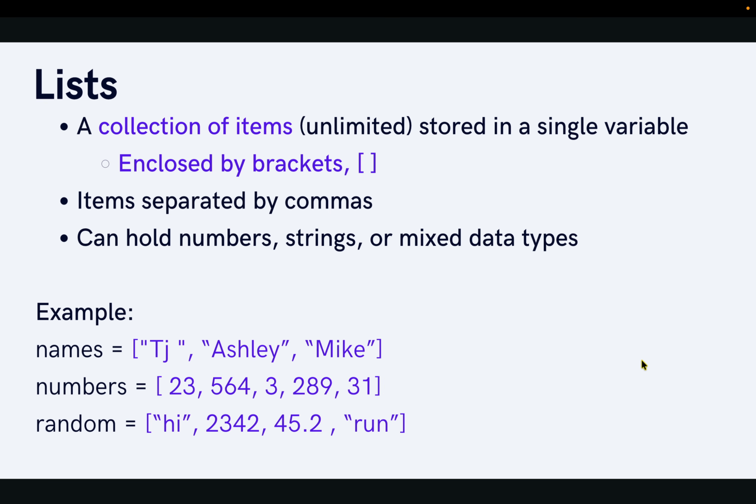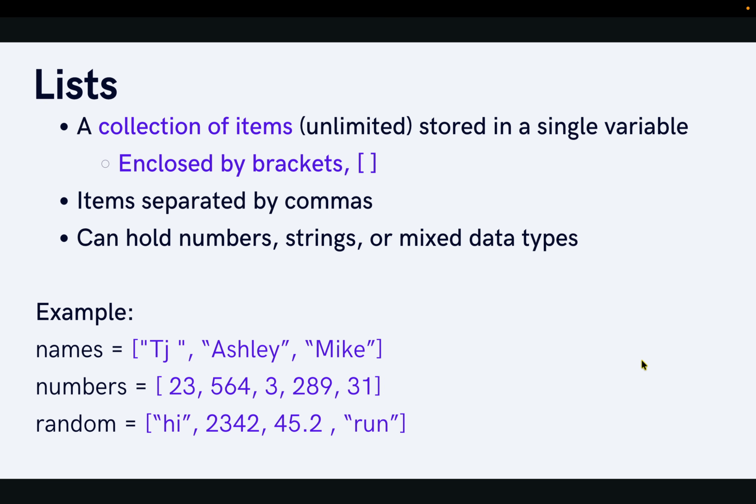You have a left and a right bracket, which you see there. You can have as many things inside of a list as you want. The items inside your list are separated by commas, but they can hold any type of data. If you look at the example, we have names, we have numbers, and we have random. All of those are technically lists.